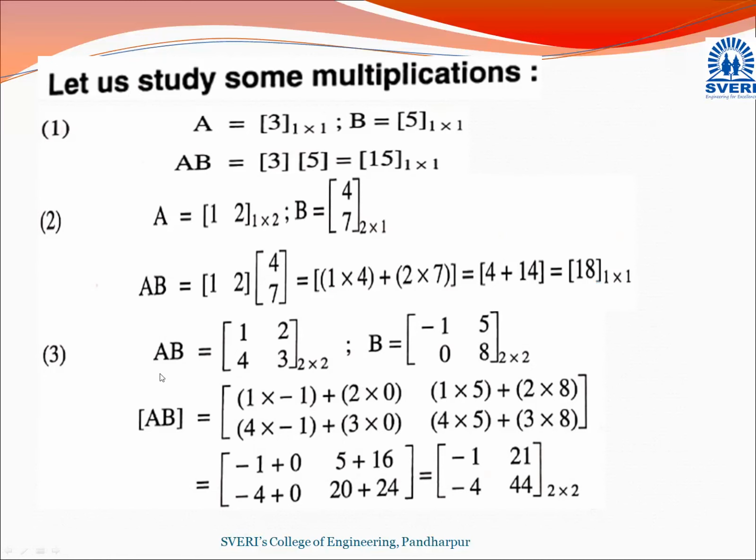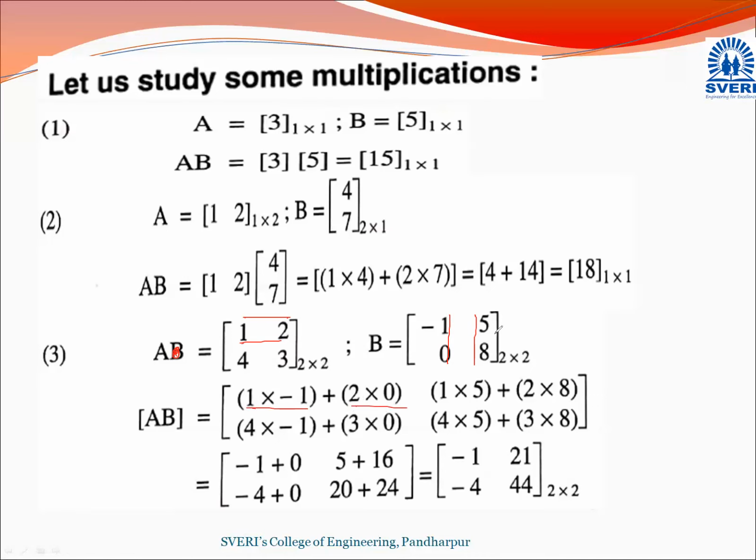Next example, A is equal to 1, 2, 4, 3. B is equal to minus 1, 5, 0, 8. Now we are taking the multiplication of these two matrices, matrix A into matrix B. So first row, first column, 1 into minus 1 plus 2 into 0.